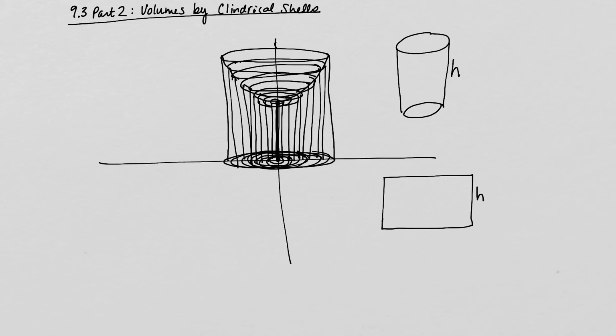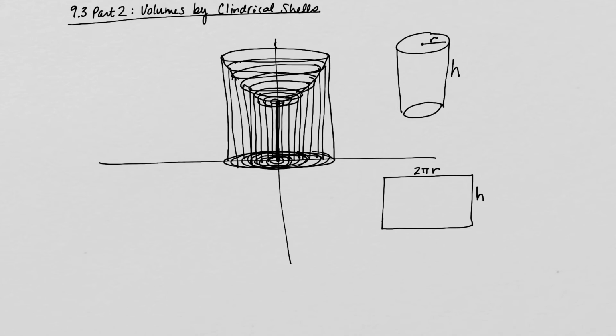Yeah, the circumference. Here I have a radius, r. Do we remember how you find the circumference? Yeah, 2 pi r. So this distance on the top of the rectangle is 2 pi r.